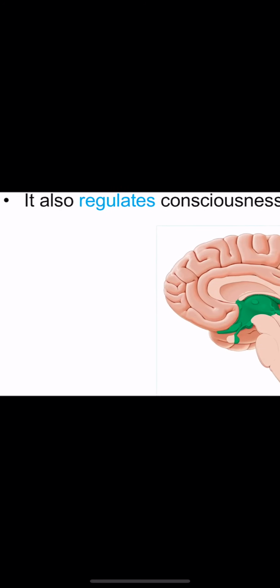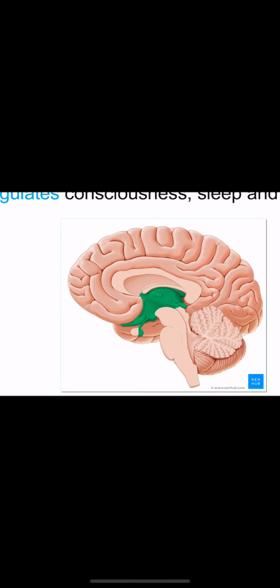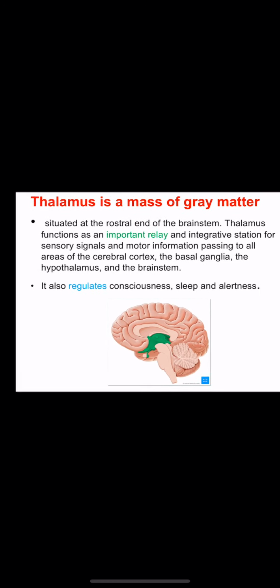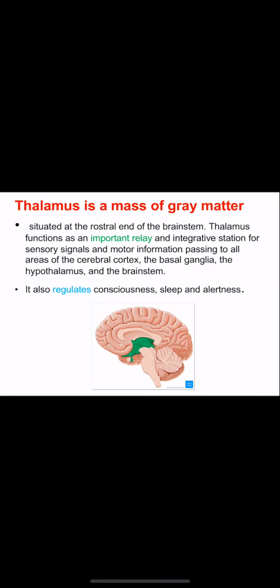Here you can see the boundaries of the thalamus. More anteriorly we have the foramen of Monro, ventrally we have the hypothalamus, and caudally we have the brainstem, the midbrain, which is the first part of the brainstem.